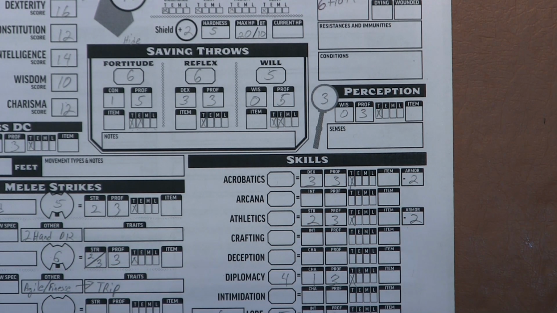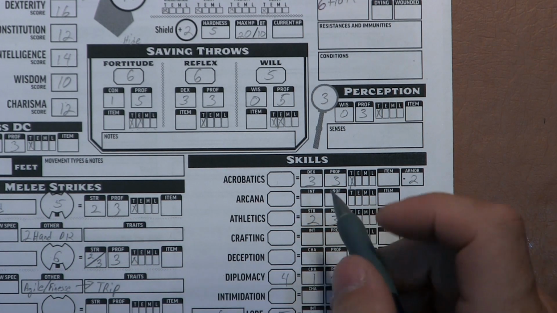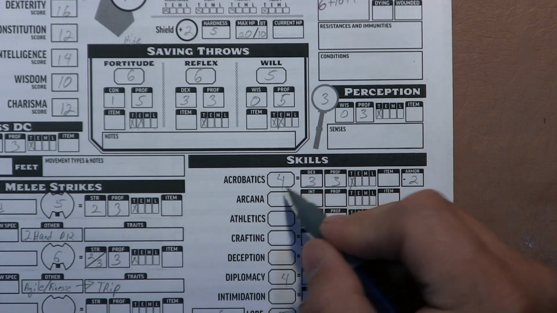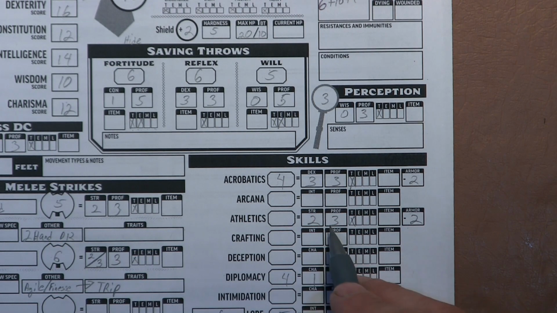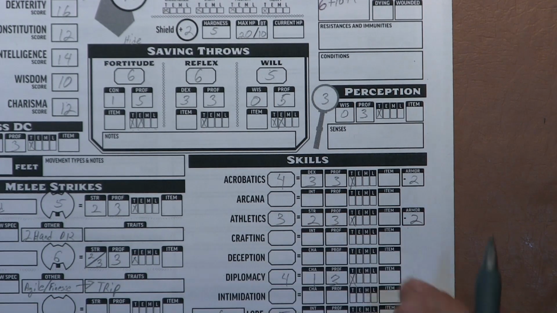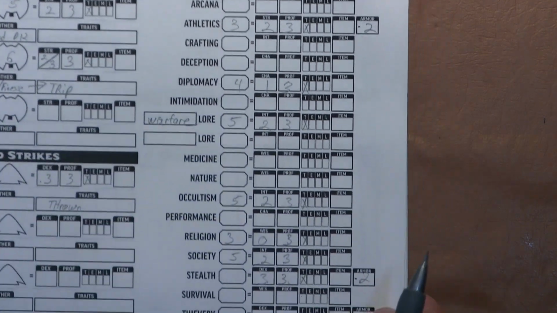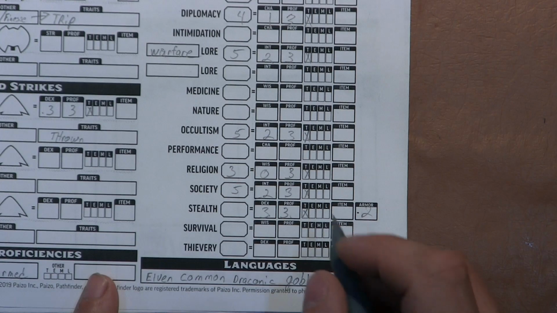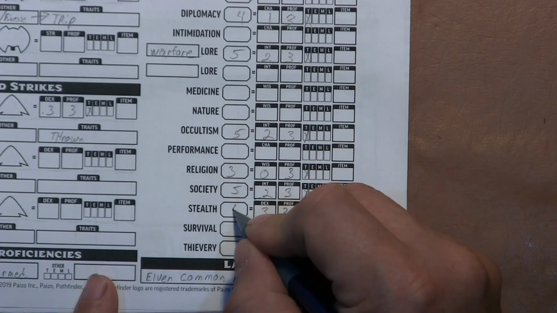So our acrobatics will be a 4. 6 minus 2 is 4. Our athletics will be 3. And then the only other one that we have right now with an armor check penalty is stealth, which will be a 4.